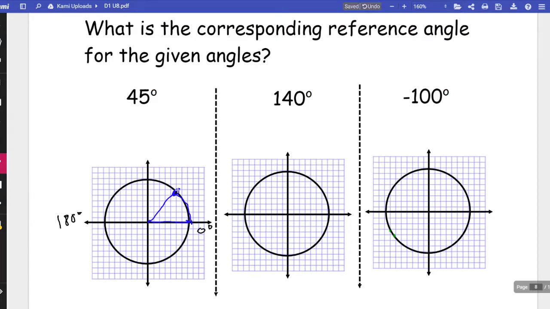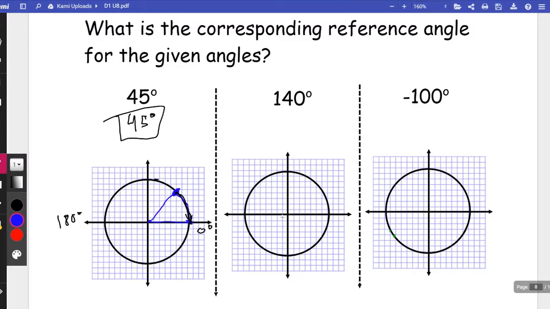The only other one it could be close to that we would try to check would be 180. And clearly it's closer to 0 degrees than it is to 180. So we would just say, how far is 45 degrees away from 0 degrees? 45 degrees. So the degree measurement 45 degrees, its reference angle is 45 degrees. Just how far are you away from the closest x-axis? Never the y. We don't care about the y.